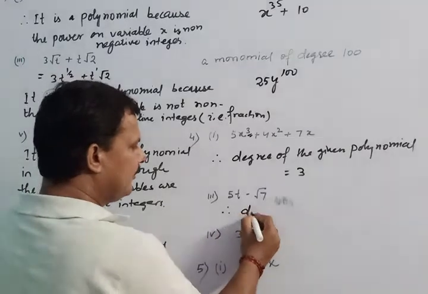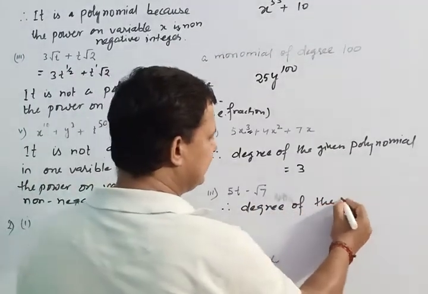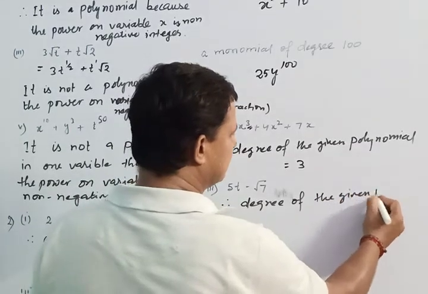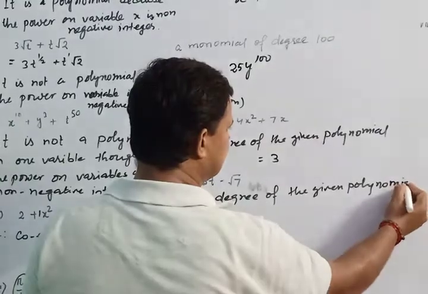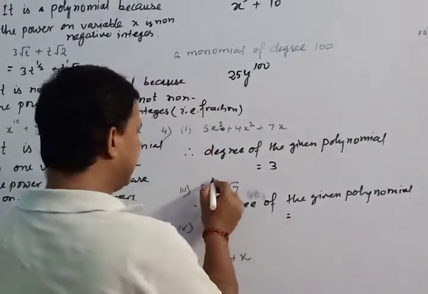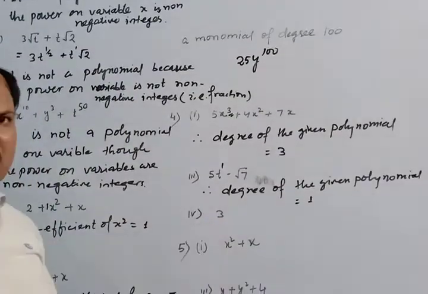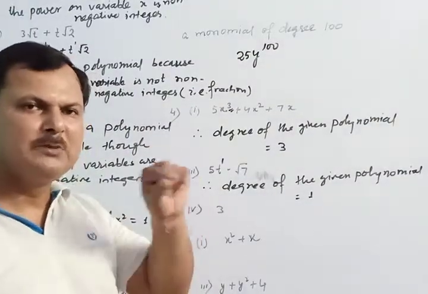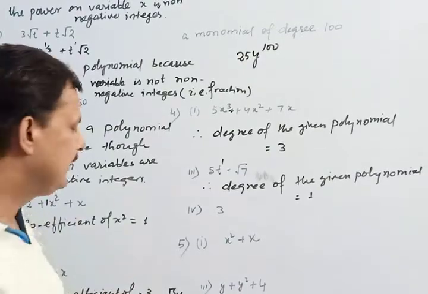Here the degree of the given polynomial is equal to the highest power, which is 1. You will write 1. This is a constant polynomial and the degree of a constant polynomial is 0. Remember it. And the degree of the zero polynomial is not defined. I am again repeating it.